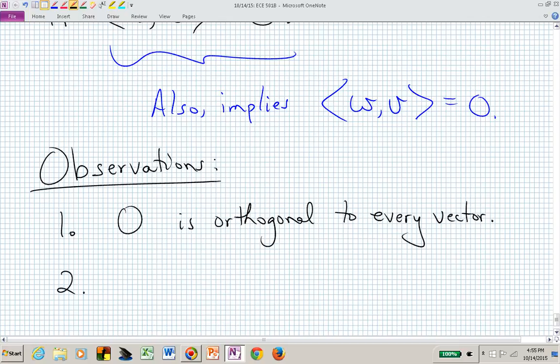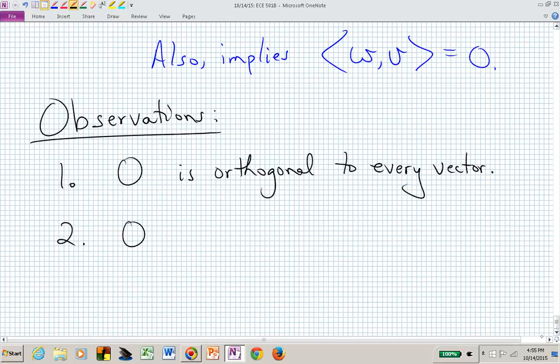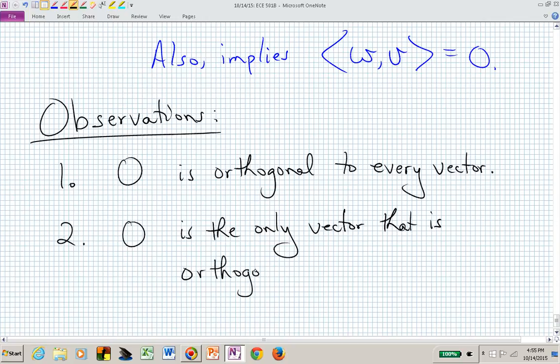The other observation that we can make is the 0 vector is the only vector that is orthogonal to itself.